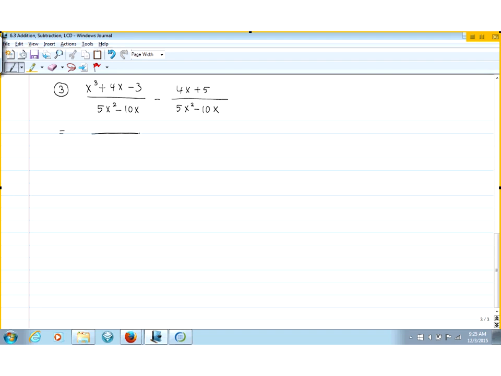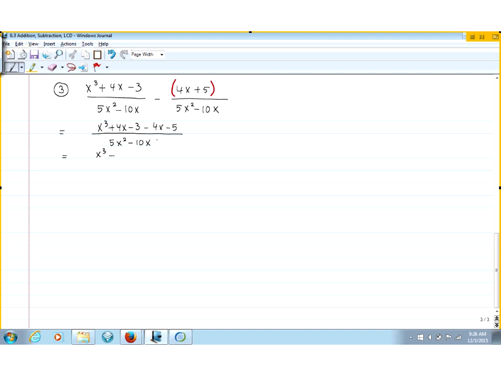So what will this be? So same denominator, we will use them. So x cubed plus 4x minus 3, and then minus 4x minus 5. Yes. So remember, the minus applies to the numerator.